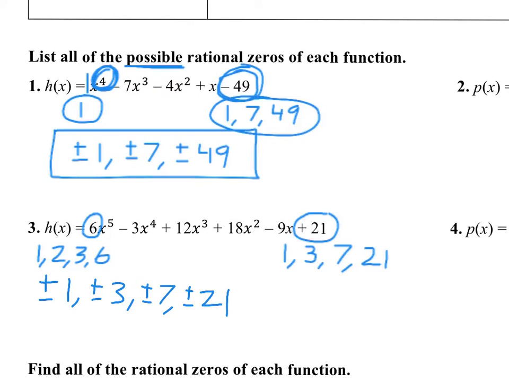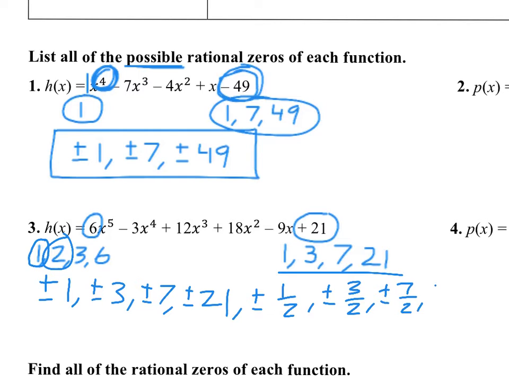All right, so far I've divided all of them by 1. Now I need to divide all of these by 2. So plus or minus 1/2, plus or minus 3 over 2, plus or minus 7 over 2, plus or minus 21 over 2.